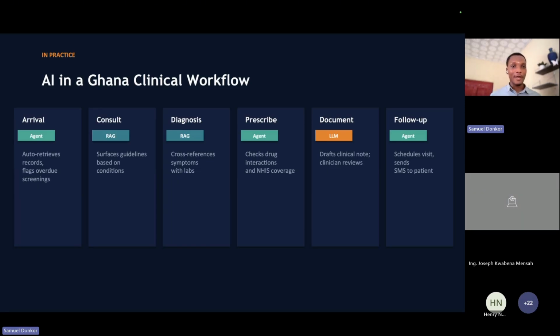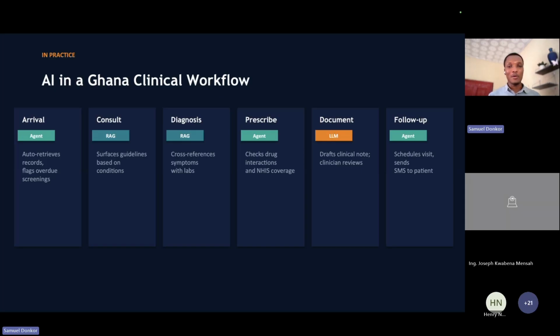So the agent autonomously goes to all the records and retrieves only the information it needs, right? You could use this across everything, but it also helps to distinguish between where exactly to use what, right?